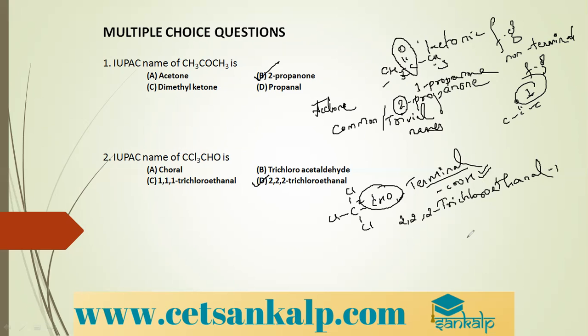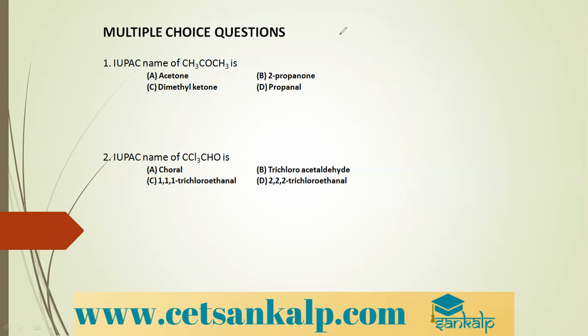That means whenever you are numbering, you will start from the carbon atom of the aldehydic or carboxylic group only. So its position is always 1 and need not be mentioned. So the correct option is 2, 2, 2-trichloroethanal. Okay, moving to the next question.